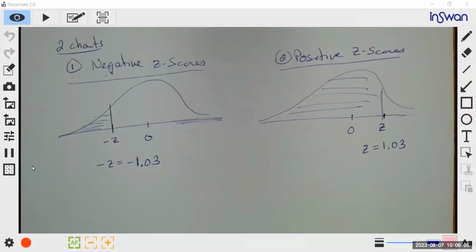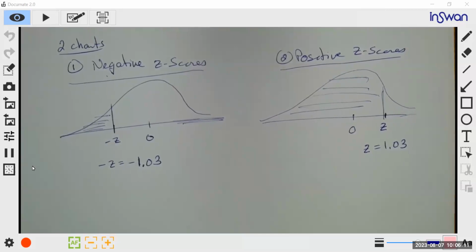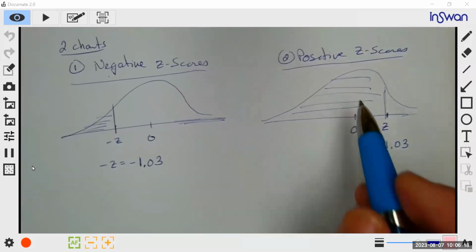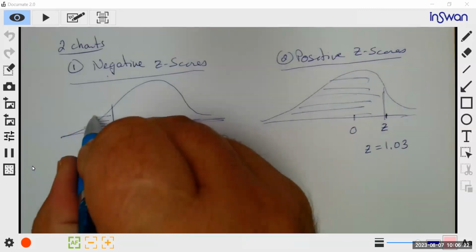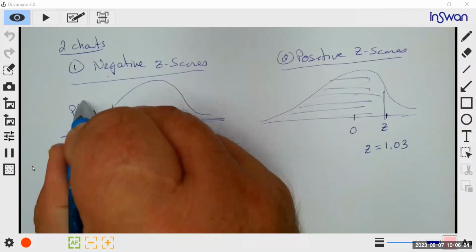Just by looking at these two graphs, can you come up with a hypothesis of what those values should look like? Or what the areas should look like? Yeah, the shaded region is what we're looking at. This is our probability. This is our probability.